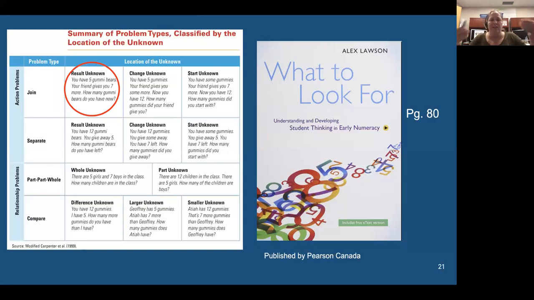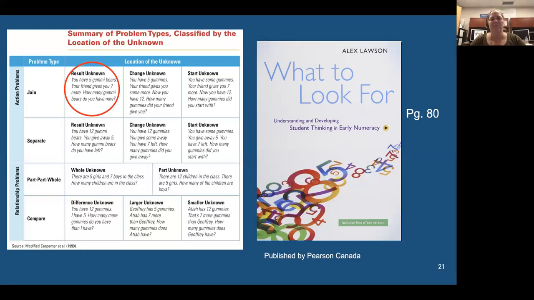So you're bringing two sets together with some kind of action word. Here's the example from the book. You have 5 gummy bears, your friend gives you 7 more. How many gummy bears do you have now? That's very much like the fish cracker problem we were looking at. Because it has a joining action, it's called a join problem.